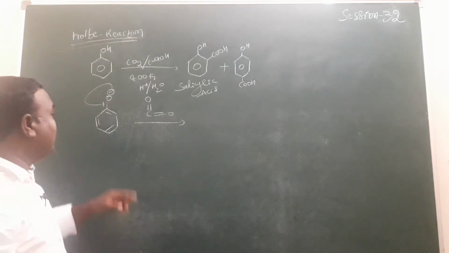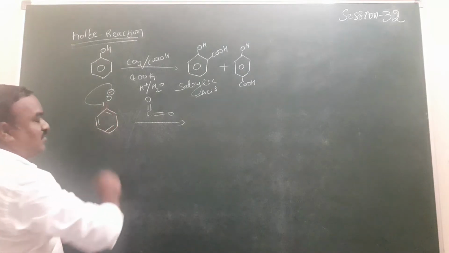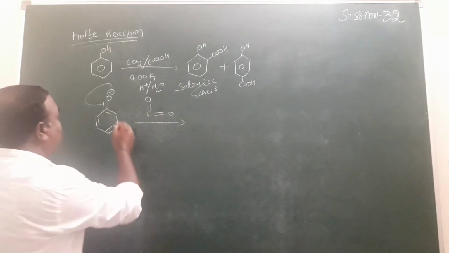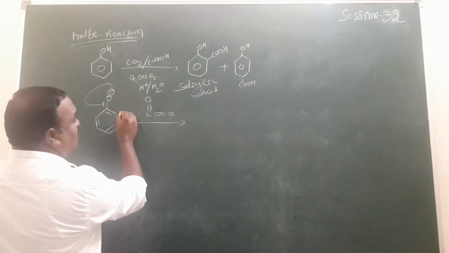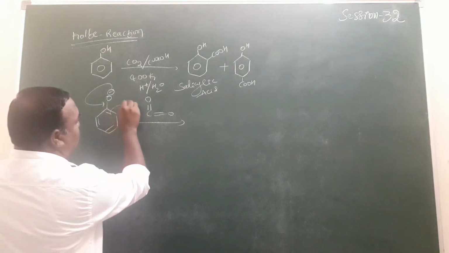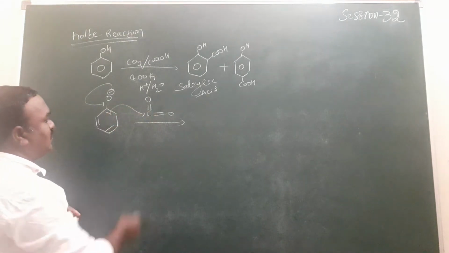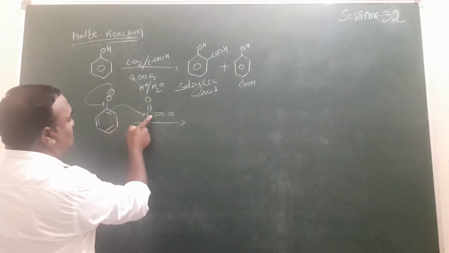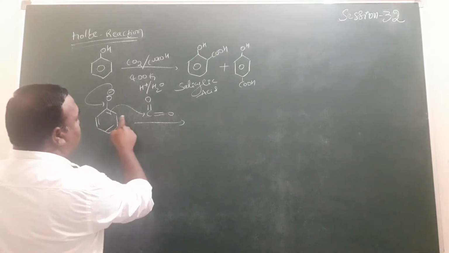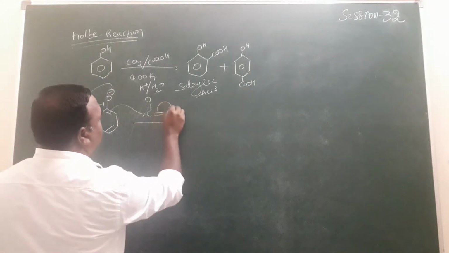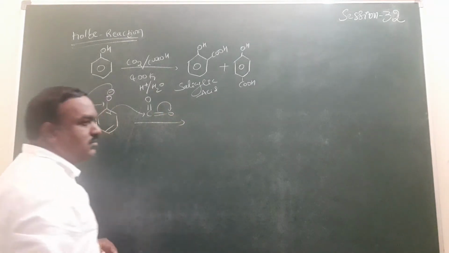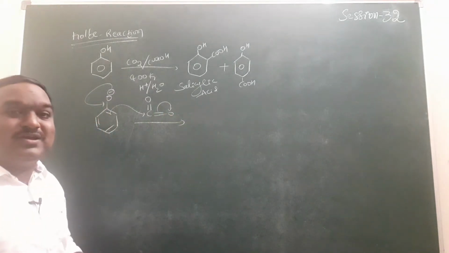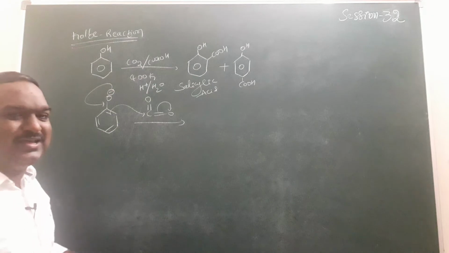Now after formation of the double bond, the pi bond electrons migrate towards the ortho position and attack that carbon. A new bond is formed between the two carbons. After formation of the bond, the pi bond electrons migrate towards oxygen, and the electron density on oxygen increases.